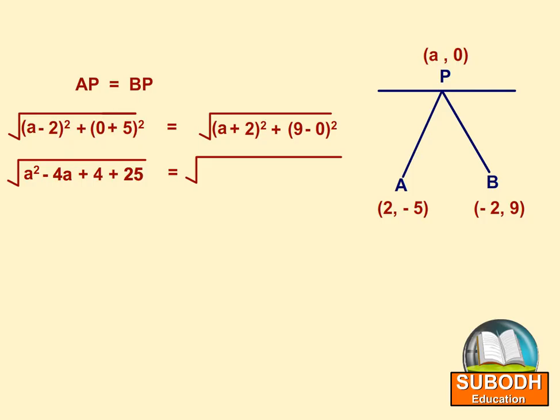That is equal to root of (a plus 2) bracket square: first term square a square, twice the product of the two terms 4a, plus second term square 4, plus 9 square 81.